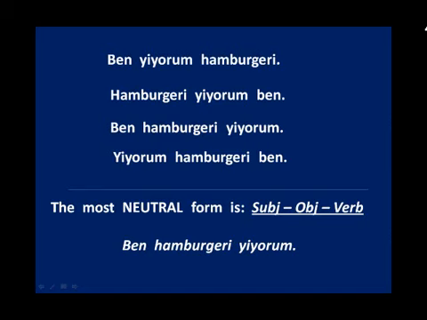The word order doesn't change the meaning, but it changes the stress. So that's that. If you don't want to stress particularly anything, then the most neutral form is subject, and then put the object, and then the action. Okay? So in Turkish we usually say, I, the hamburger, am eating. It's going to sound a little Tarzanish to your ears, I know, but in time you'll get used to it.